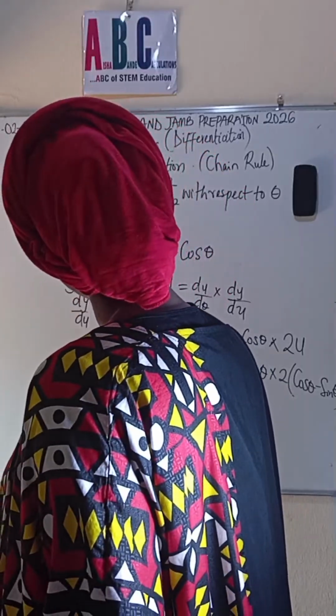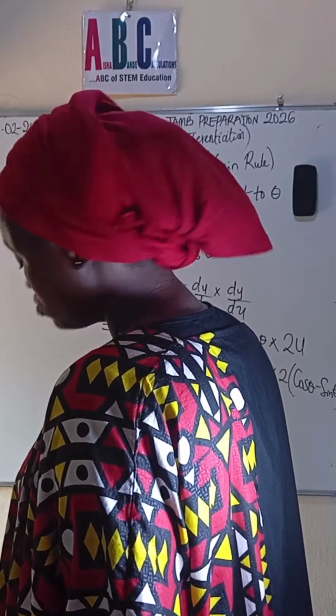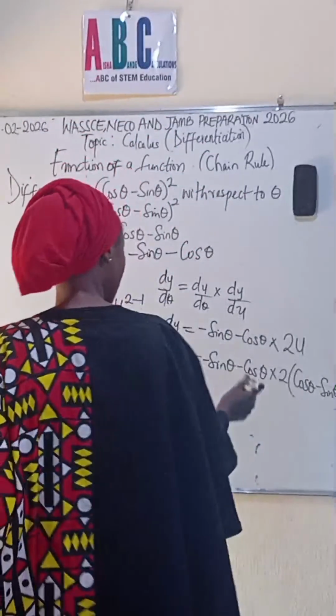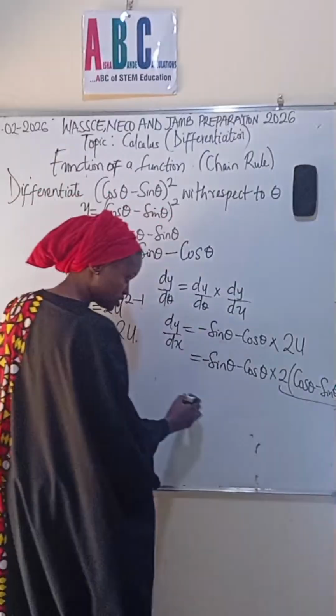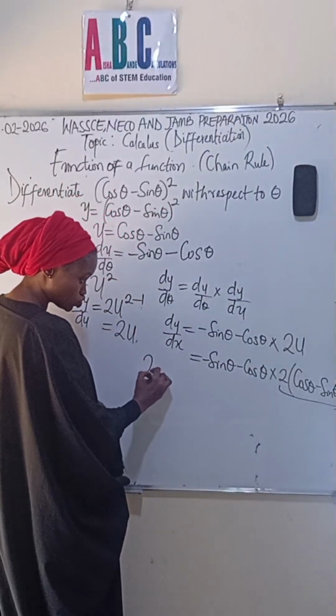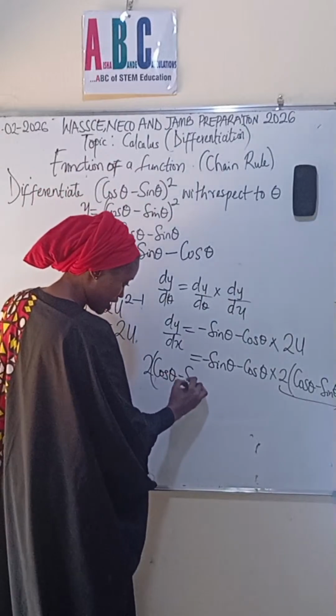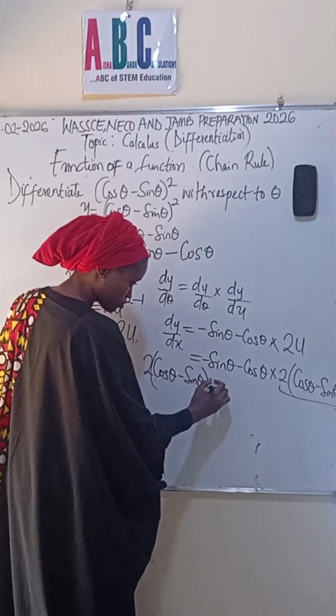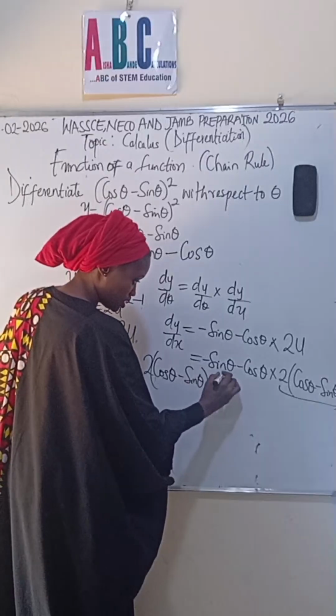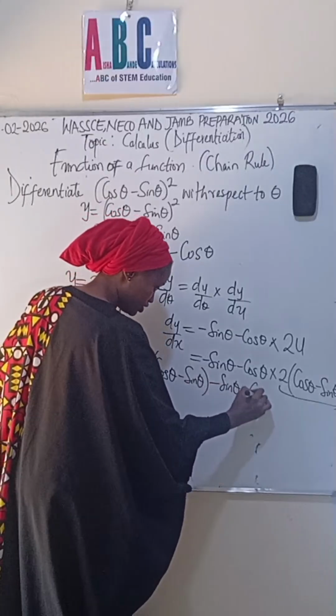There's still something we need to do here. Let me make this one come first. If I make that come first, that will be 2 open brackets cos theta minus sin theta, then minus sin theta minus cos theta.